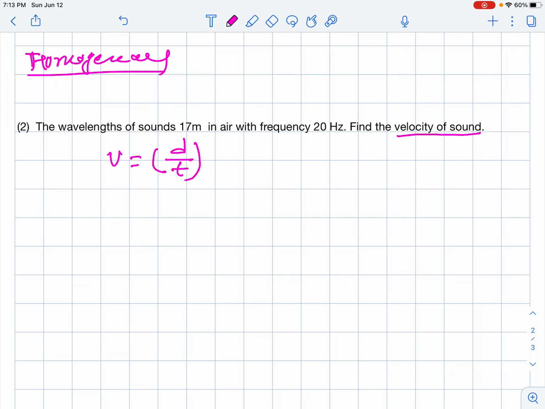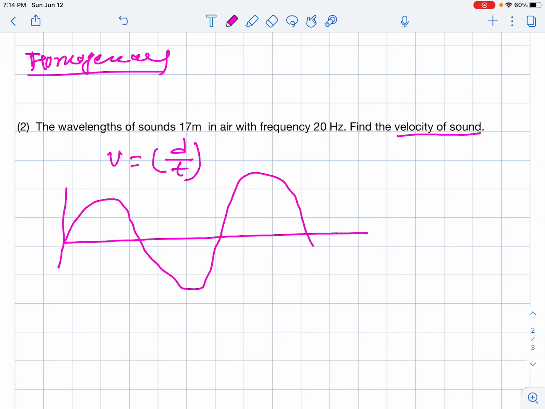The wavelength of the sound is 17 meters. And how does the wave look? For example, this is a wave, and it is traveling like this.